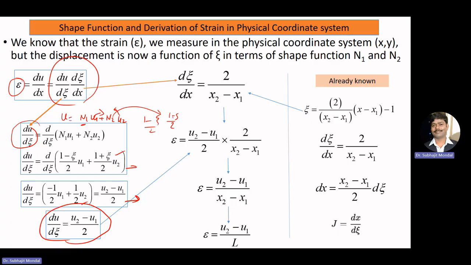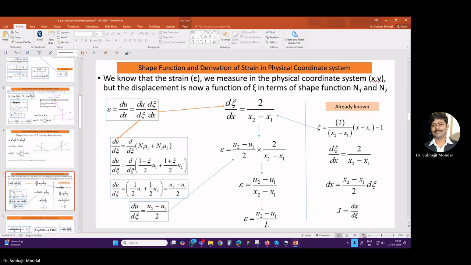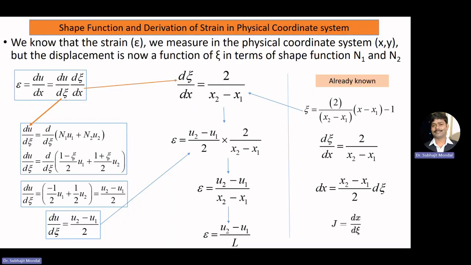So this value is going to be (u2 minus u1)/2. Now we have already derived the relationship between xi and x, so we can take the derivative of xi with respect to x. dxi by dx is nothing but 2 over (x2 minus x1).